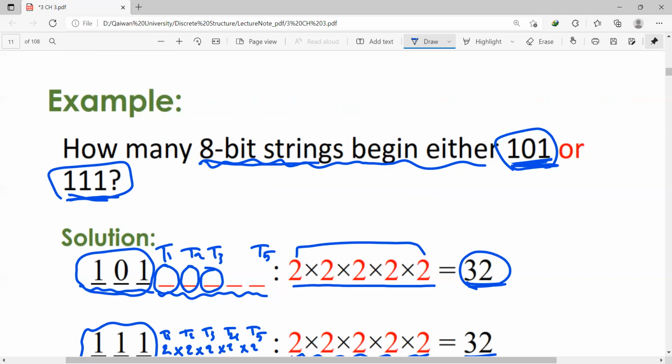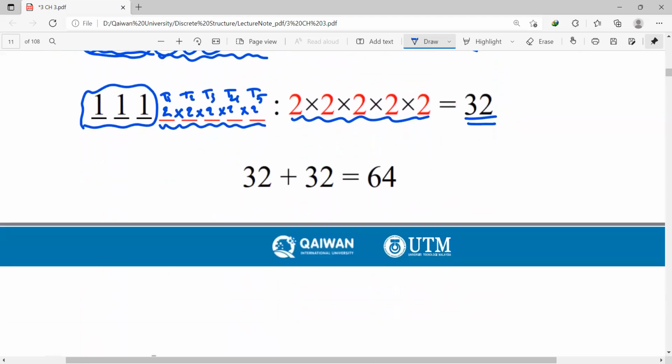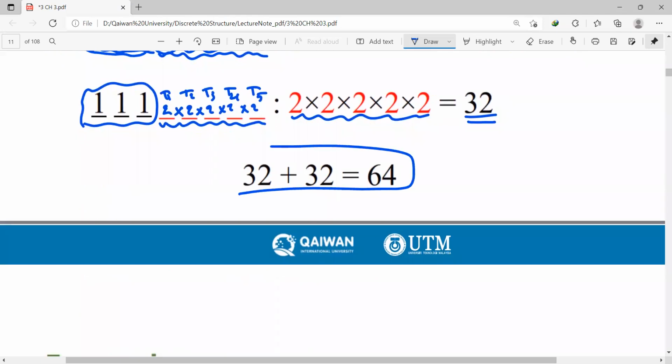So for finding the total number of ways, we just find the sum of the ways which start with these. For this one, we have 32 ways, and here we have 32 ways. 32 plus 32 is 64.